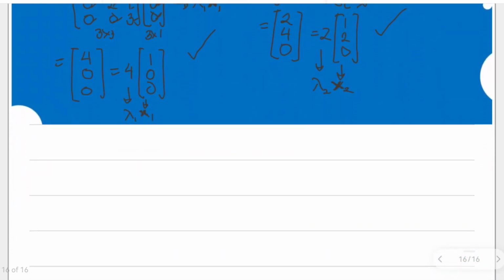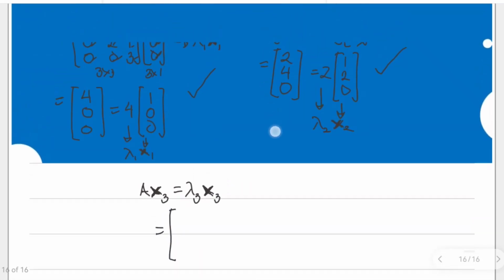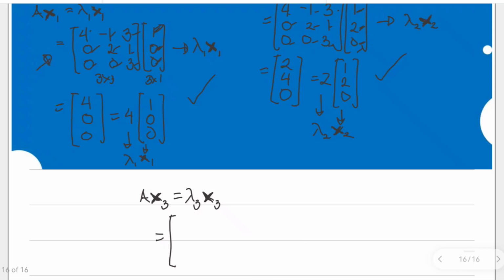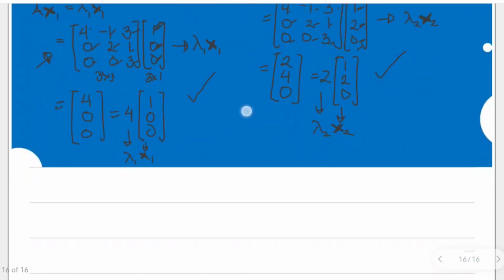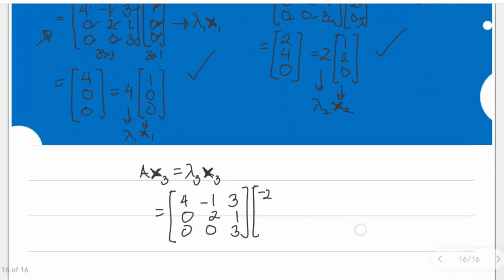So you have your A times x sub 3 must be equal to lambda sub 3 times the same vector. Our matrix is still the same: 4, negative 1, 3, 0, 2, 1, 0, 0, 3, to be multiplied with your third vector, which is negative 2, 1, and 1.